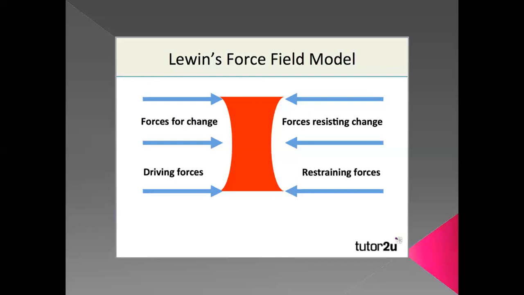So stability occurs when the driving and restraining forces are roughly in equilibrium. That is, they are of approximately equal strength in opposite directions. The reaction of employees to change, whether driving or resisting, will depend on the source of change and also their position relative to it.